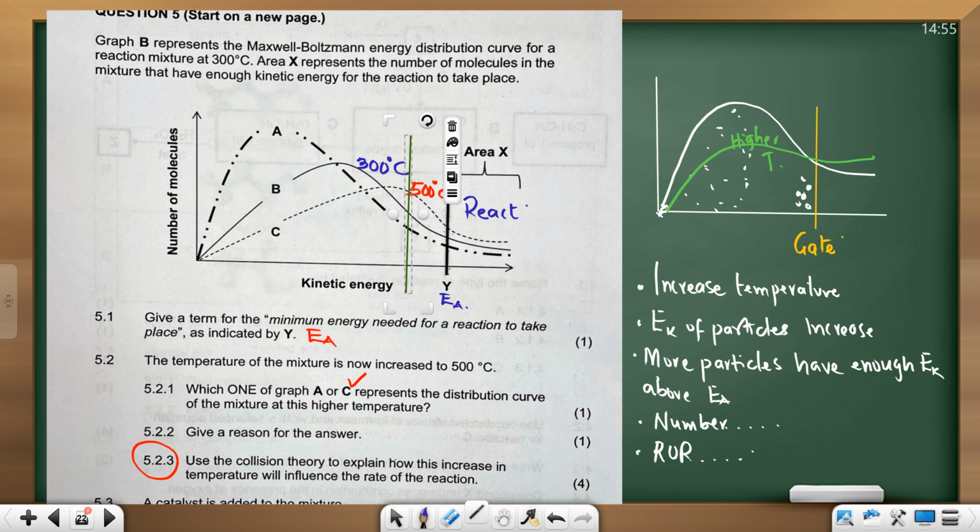That's what I did. I didn't draw the line, but I just moved the entire graph. That's all you have to do. I don't know if it makes sense. It decreases activation energy. So it brings it back. That's all.